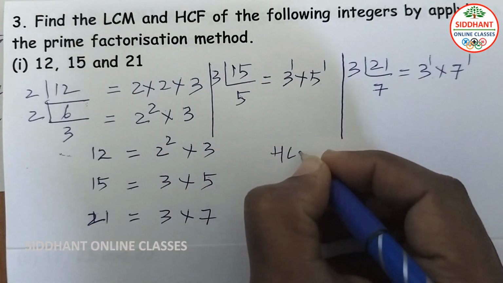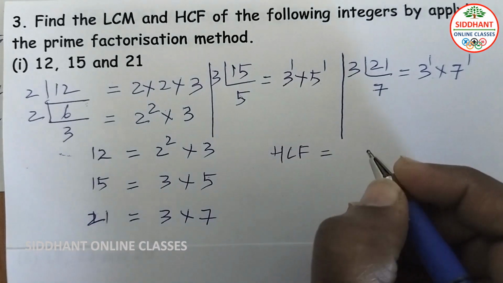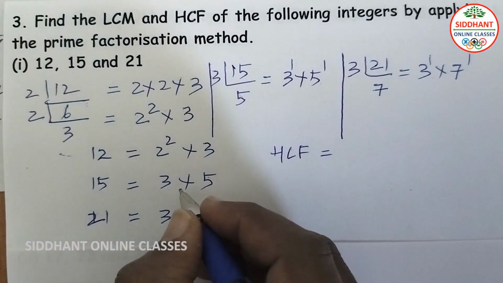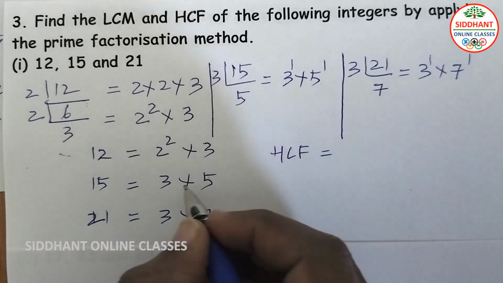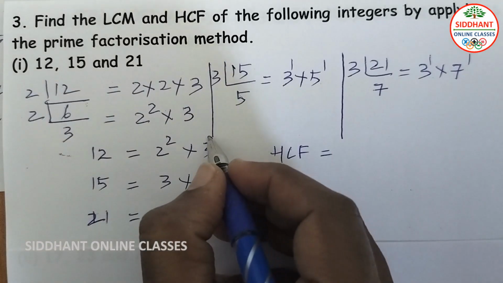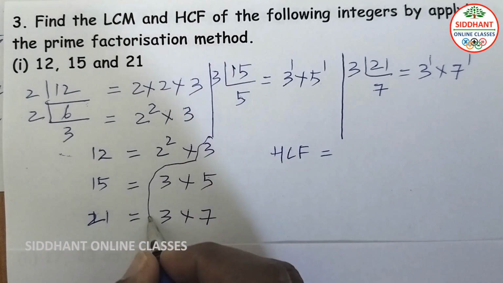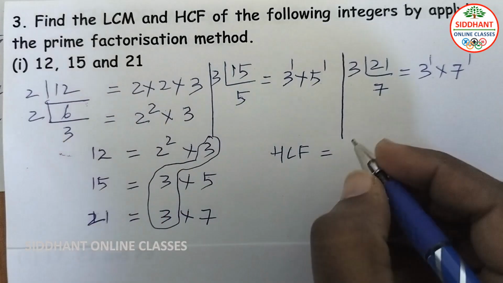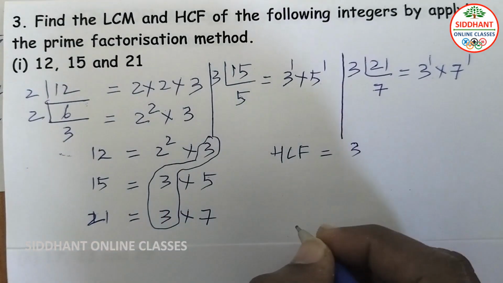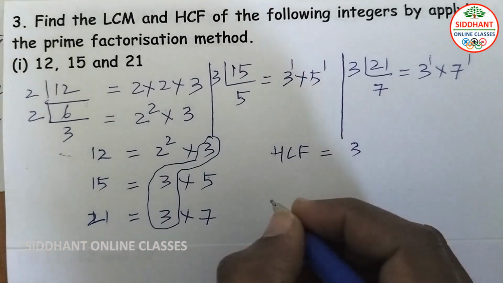The HCF is the smallest common factor. The common factor is 3, so the HCF will be 3.